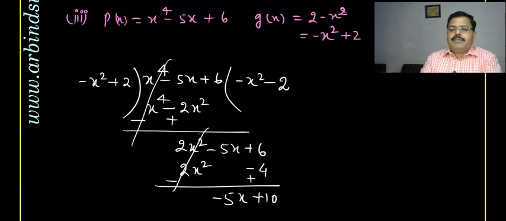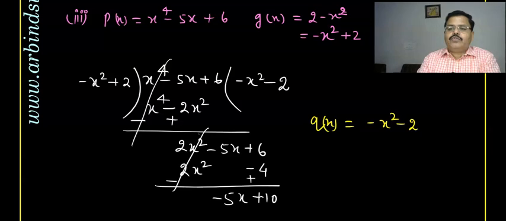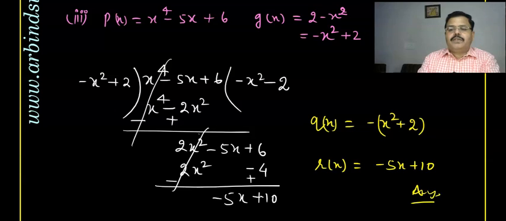This is the remainder. So here the quotient function is nothing else but minus x square minus 2. If I put the negative sign common, this will be plus, and the remainder function is minus 5x plus 10, and that will be the answer. So hopefully you got it right now, how to divide them.